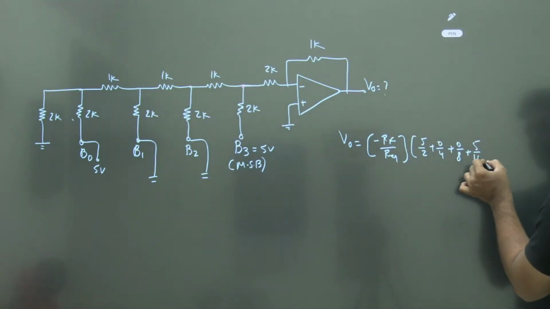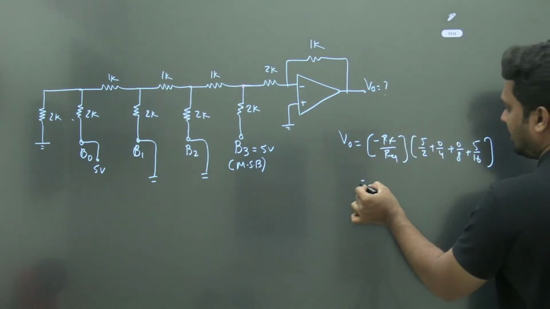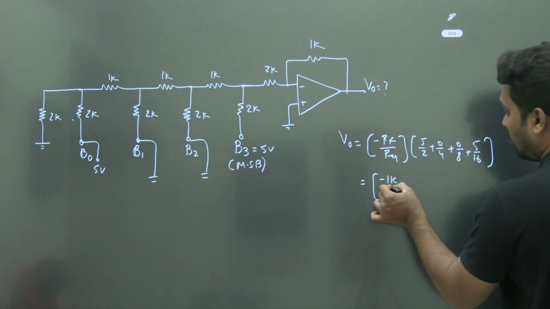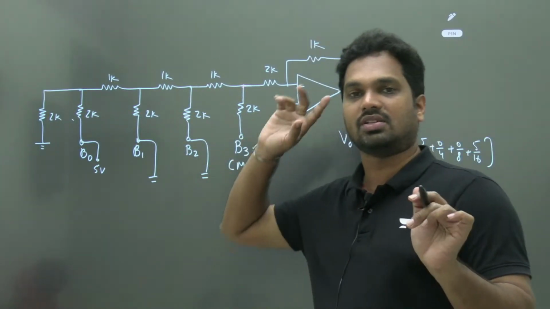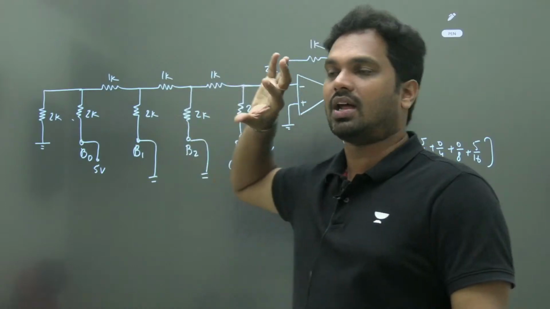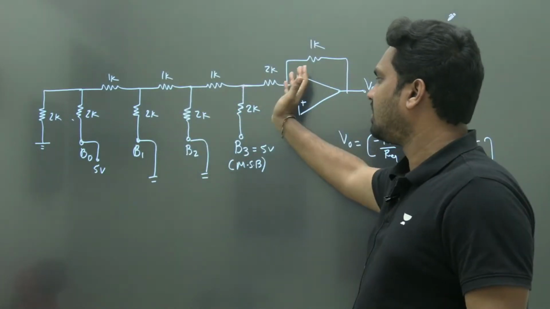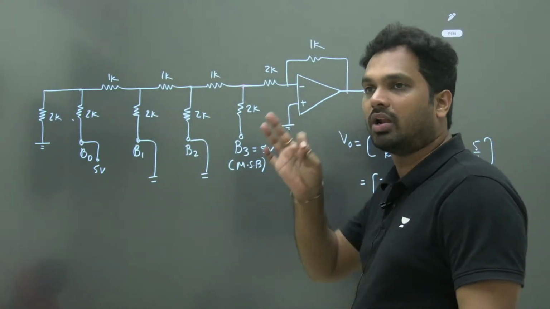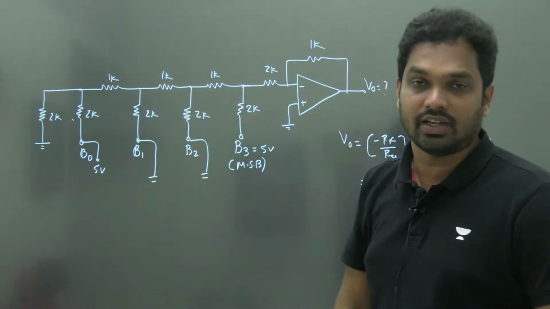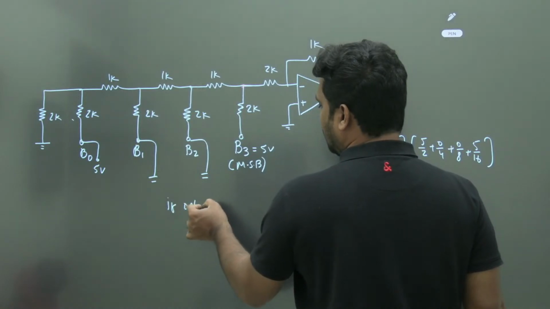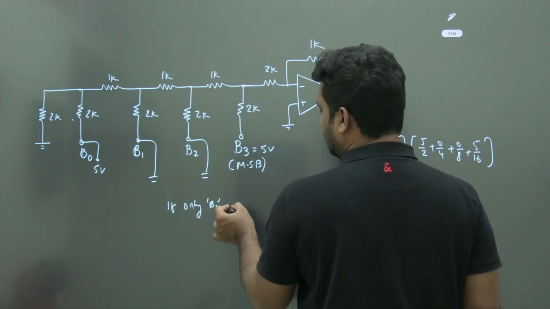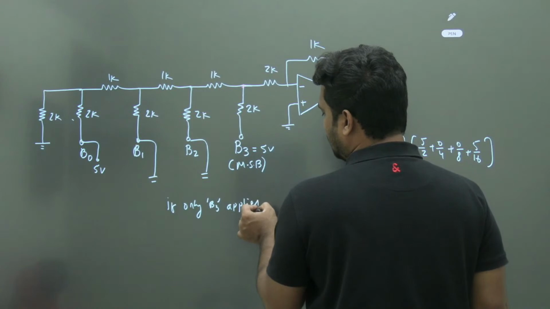But what about this RF here? 1k. What is the R equivalent you should take? Don't blindly apply the formula like previous case, 1 plus R2 by R1. Here what is the R equivalent? Don't blindly say, sir, R equivalent maybe 1k. No, you should apply one input and cross check, it is always better. So here if only B3 is applied, in that case what happens?